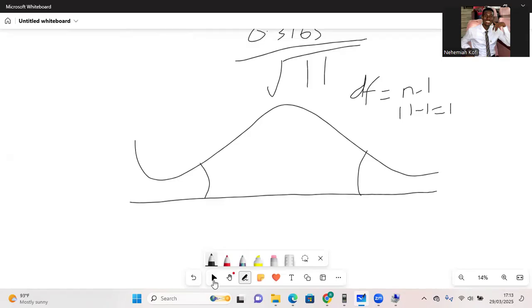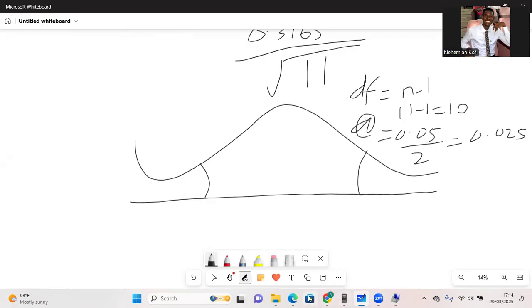We are going to use 10. And then our alpha is 0.05. But because it is two tail, we are going to divide it by 2, leaving 0.025. So we are going to the T table to find this, right? And then plug it here on our bell shape.